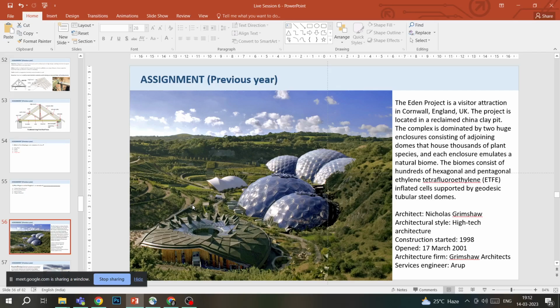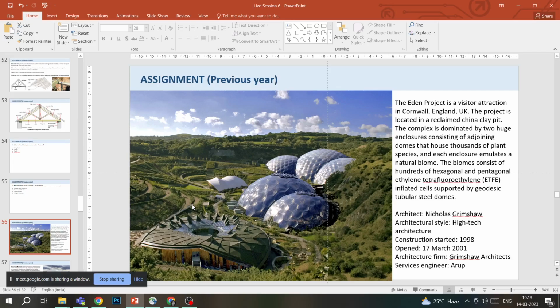It's basically a biome. The Eden project is a visitor attraction in Cornwall, England, UK. The project is located in a reclaimed China clay pit. The complex is dominated by two huge enclosures consisting of adjoining domes that house thousands of plant species, and each enclosure emulates a natural biome.